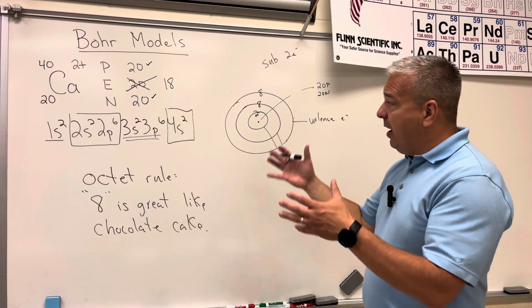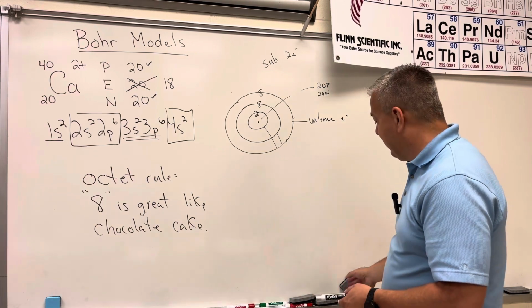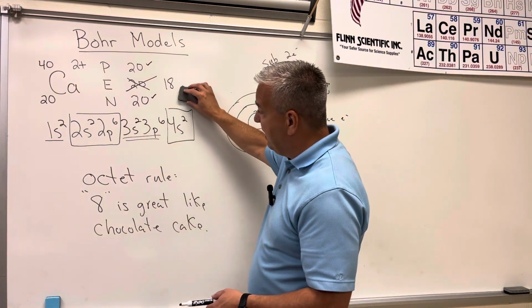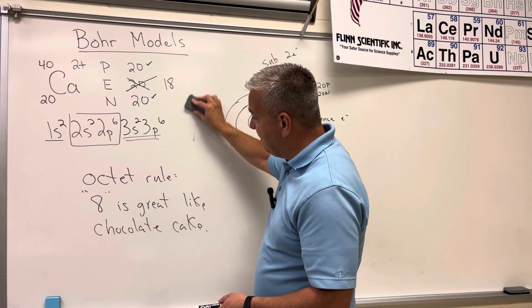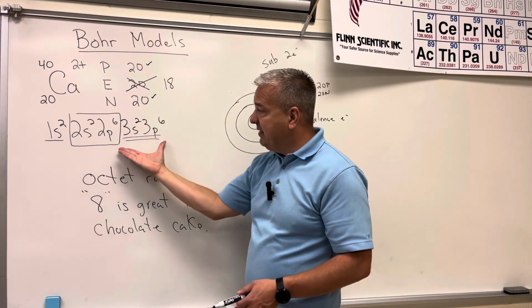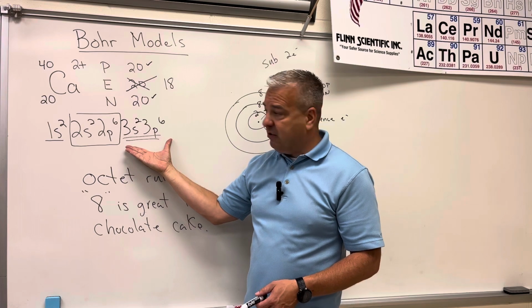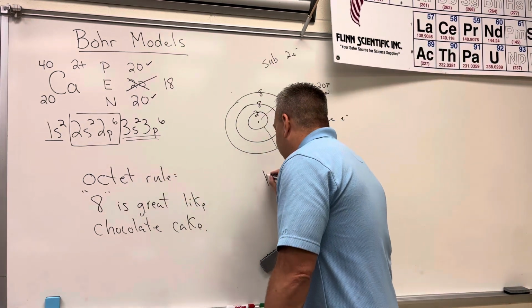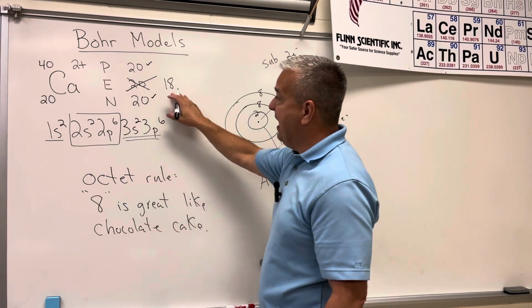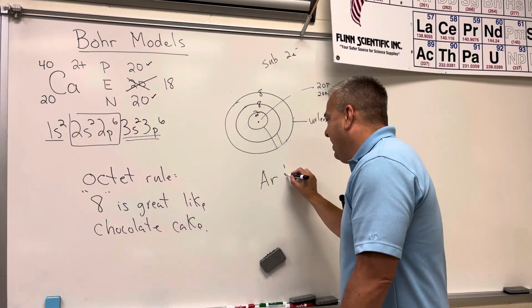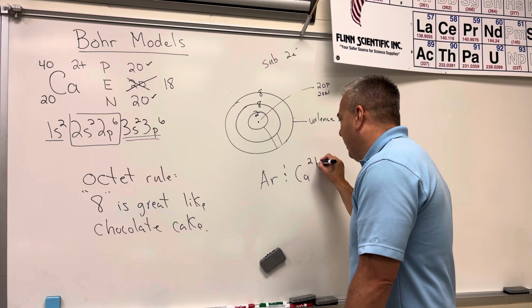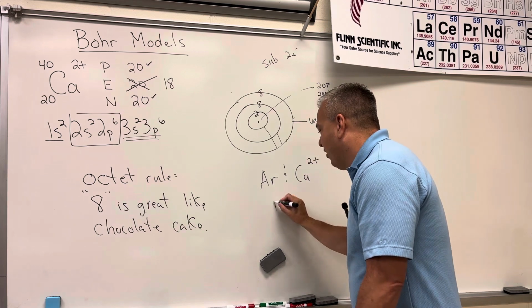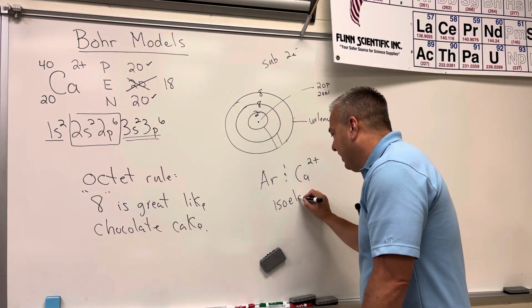Okay, so last thing that we have to adjust is the electron configuration. If we lost 2 electrons, those electrons are no longer there. And you might say, hey, this is the same electron configuration of argon. So we're going to say that argon, which has 18 electrons, and the calcium positive 2 ion, we tend to say that they are isoelectronic.